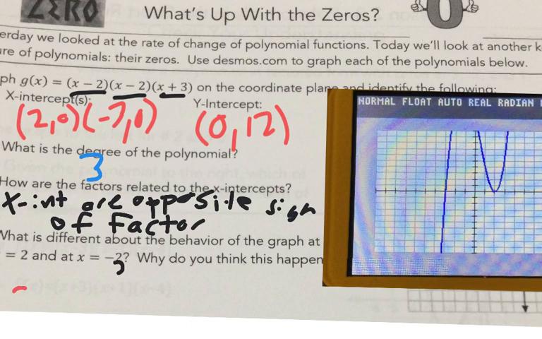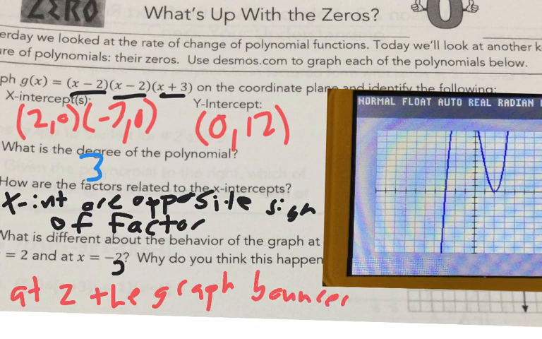Absolutely. So at 2, the graph bounces. At -3, it crosses. And they use the terminology through instead of crosses. I'm gonna have a hard time changing that. It's the same thing.